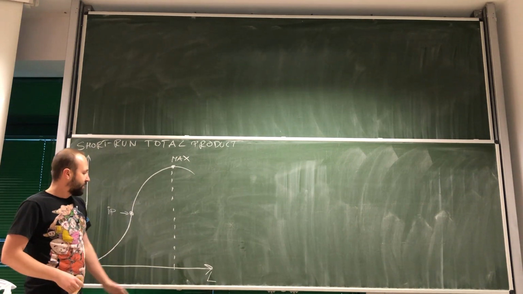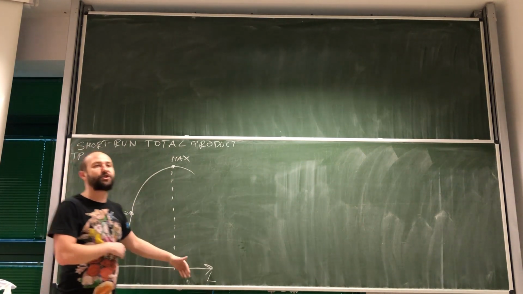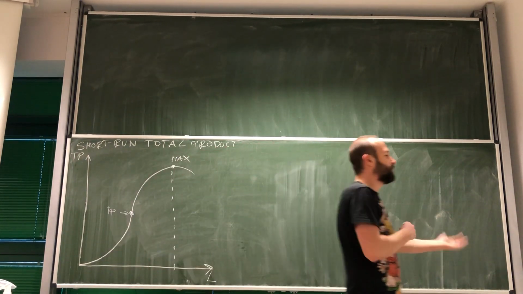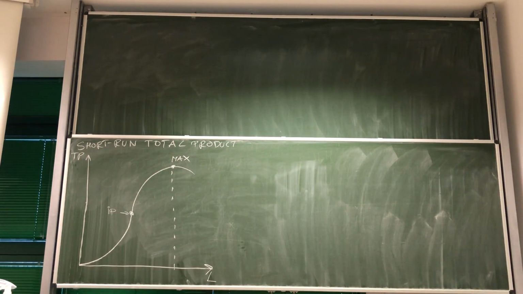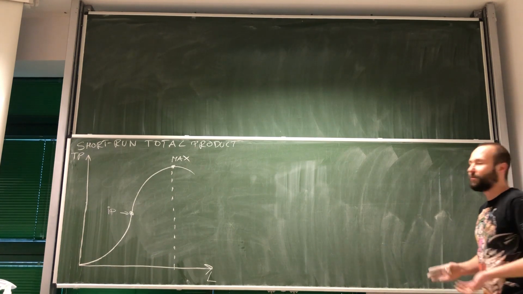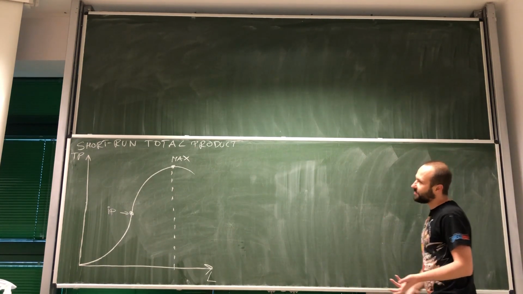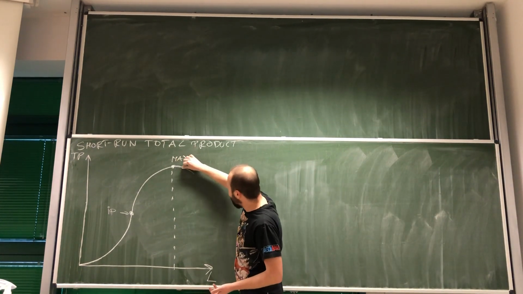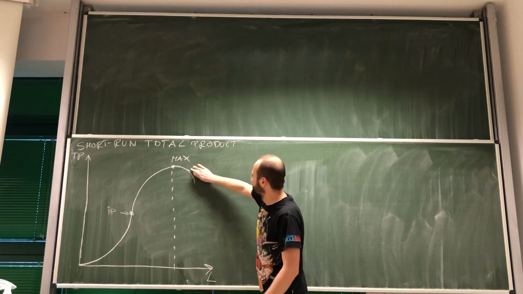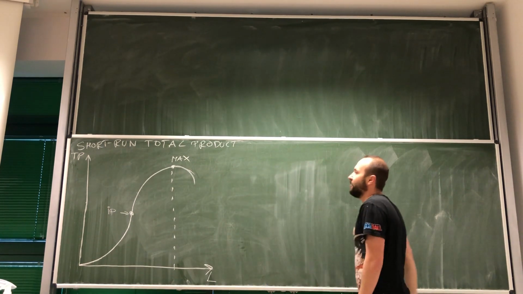And now this is a situation where we hire too many workers and they start to interrupt each other, or tasks are too divided between them and it doesn't make sense, so the level of production actually starts to fall.